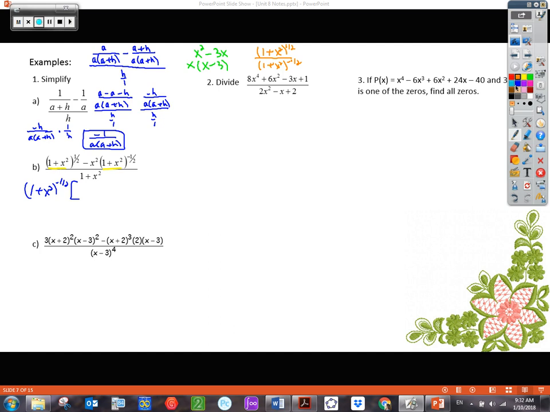So what I'm going to be left with inside of here is 1 plus x squared to the first power. That's what happens when I divide 1 plus x squared to the negative 1/2 out of 1 plus x squared to the 1/2. Okay, I hope that's as clear as I can make it. All we're doing is dividing. So when I divide this out of the second term, I am just left with an x squared.